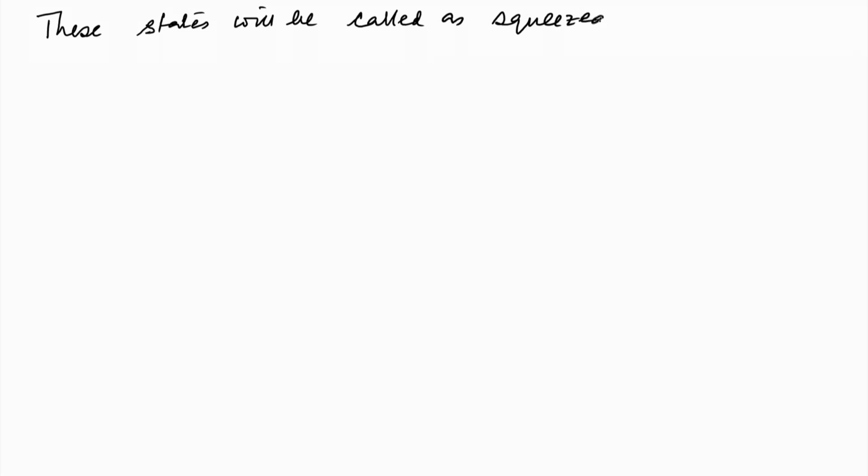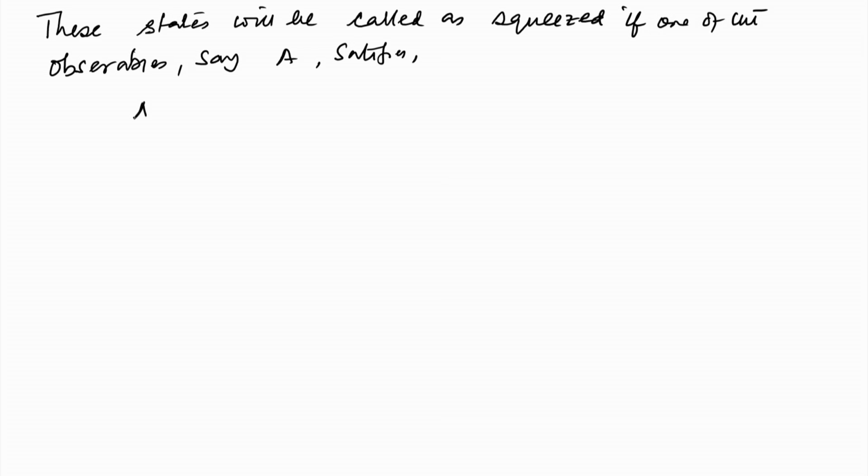Now, these states will be called squeezed if one of the observables, say A, satisfies delta A square less than half of C. Of course, along with that the minimum uncertainty condition has to be satisfied.